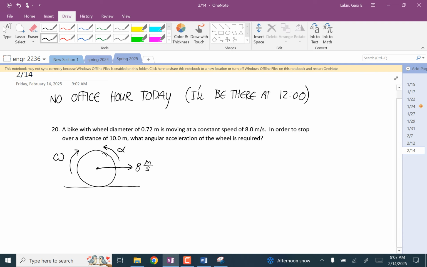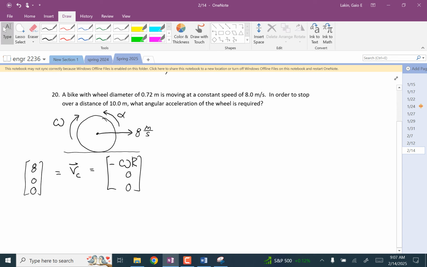And we know that the velocity of the center is equal to negative omega r, 0, 0. And we can think of this as v. Well, this is going to be 8, 0, 0. And we know that the acceleration of the center is negative alpha r, 0, 0.